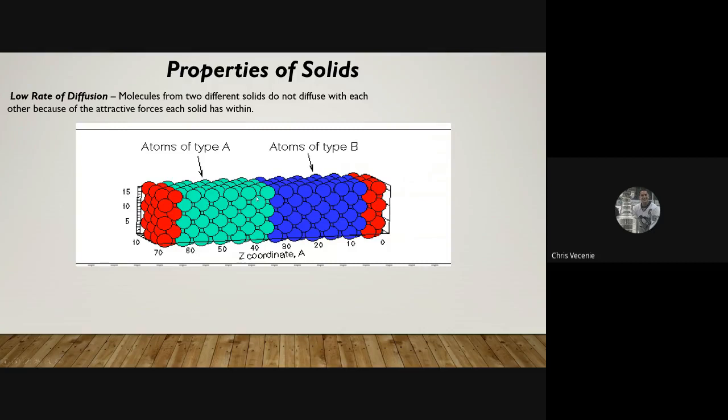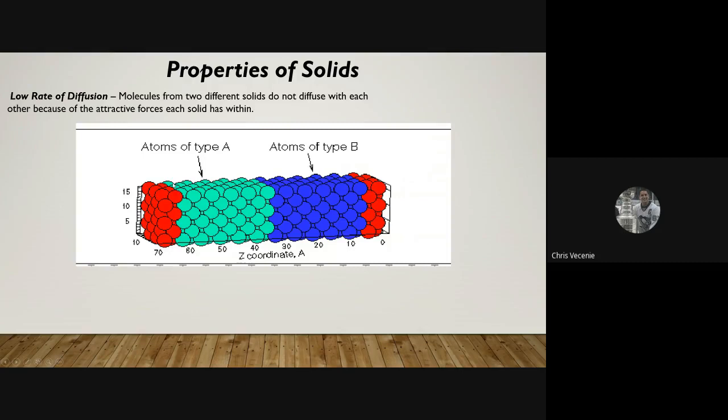Solids, because they're so tightly connected, can sit right next to each other, and these red particles here are not strong enough to break away from the other reds, nor are they strong enough to form attraction forces with the blues. The blues won't separate either to let the reds in. In a liquid, the reds fight their way through the blue, then through the green, then fight their way back into these reds from either direction.